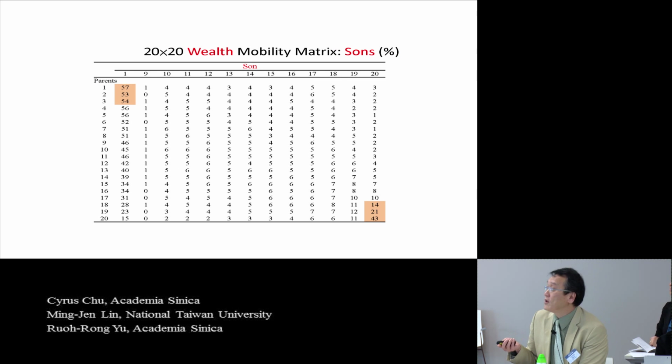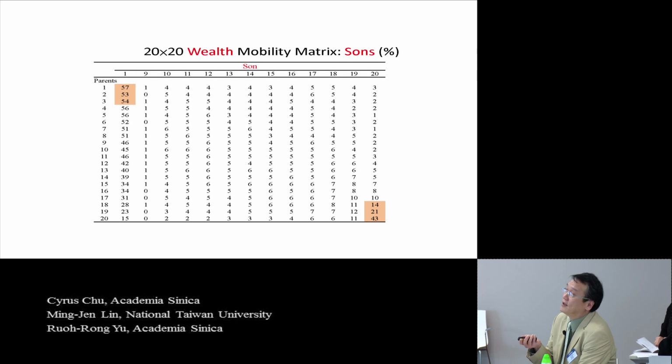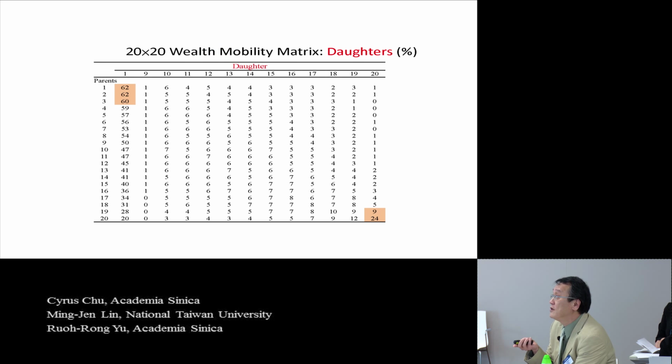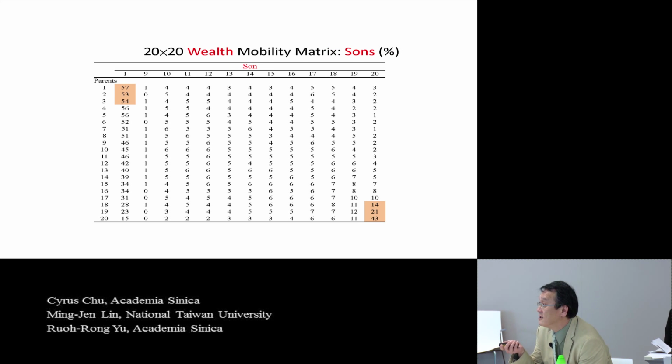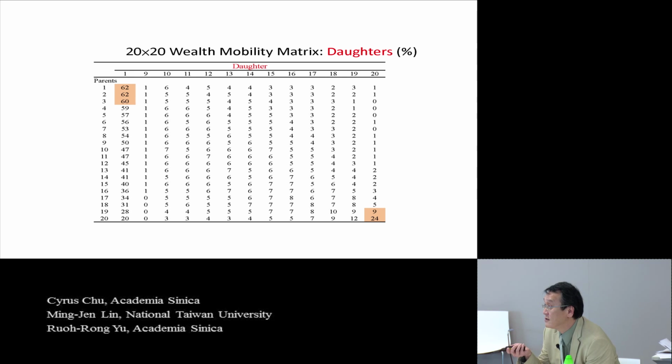For wealth, it's even worse. There is a very large number in this part. So the persistency is very strong for the very wealthy group. For the daughter, it's weaker. This is for the son, and this is for the daughter.